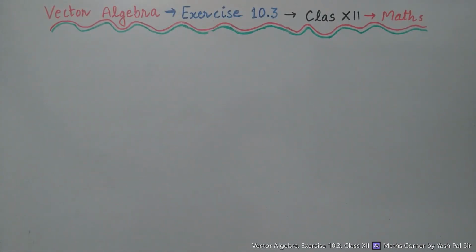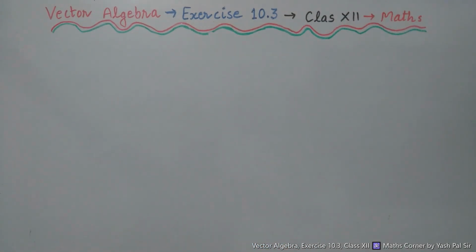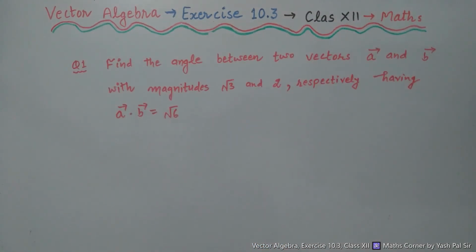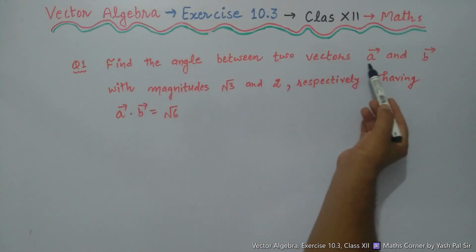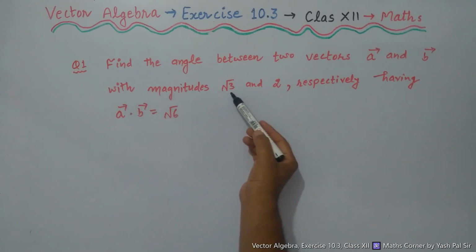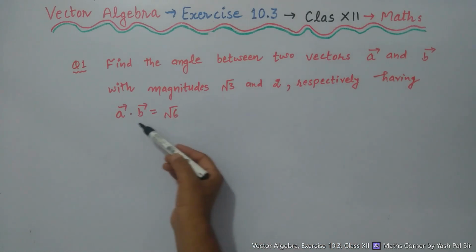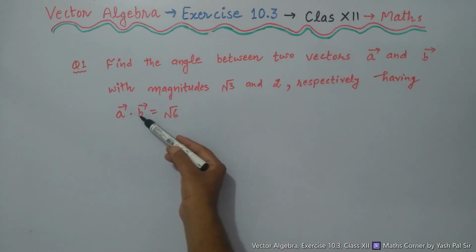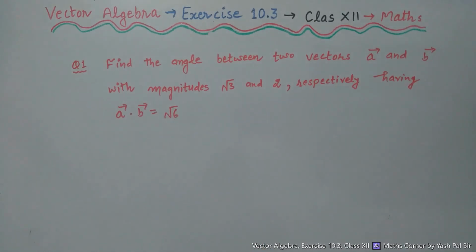Now we shall discuss the questions of the given exercise 10.3. The very first question is question number 1. Find the angle between two vectors, vector A and vector B, with magnitudes square root of 3 and 2 respectively, having the dot product of vector A and vector B equal to square root of 6.